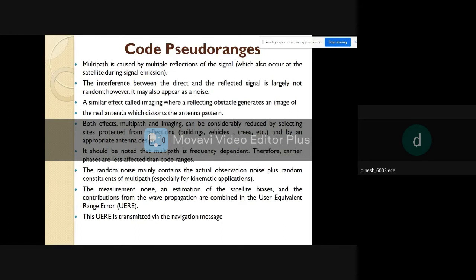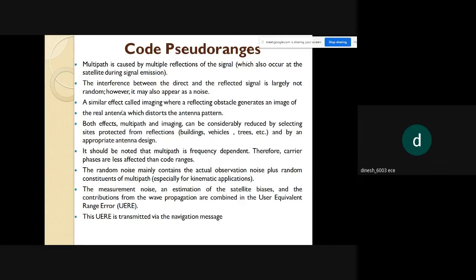This user equivalent range error is transmitted via the navigation message. All the information of this range error is also sent through the navigation message.